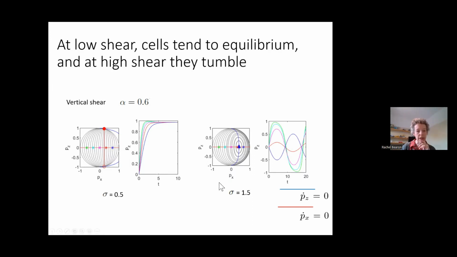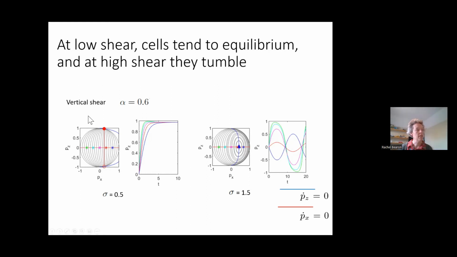And if the shear is greater, if we crank up the stability number times that vorticity, then what we get instead is that the shear is too strong and the cells tumble over, head over tail, tumbling along. And that's exhibited by these orbits in the phase portrait and this periodic solution in T. Just to finish pointing out the phase portraits, these lines, the red and blue lines, correspond to the null lines in that dynamical system.